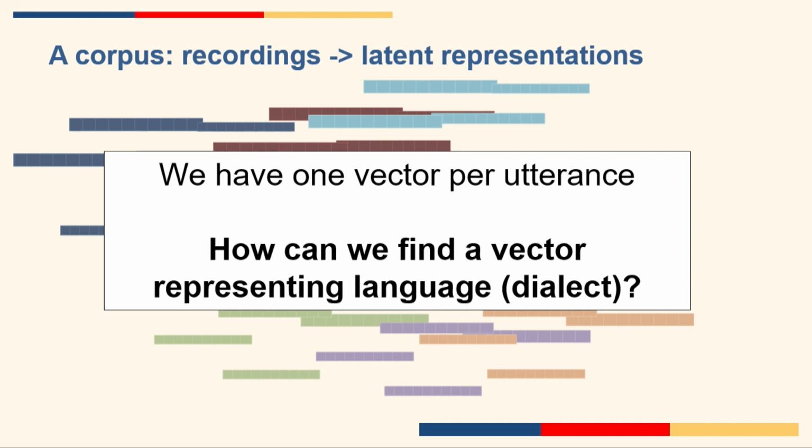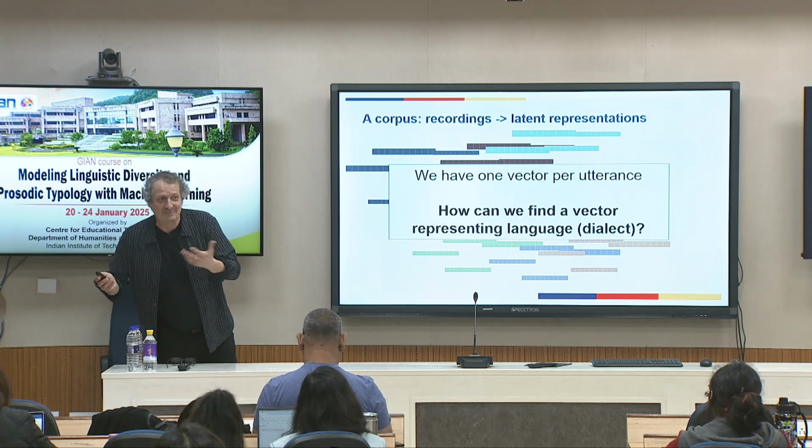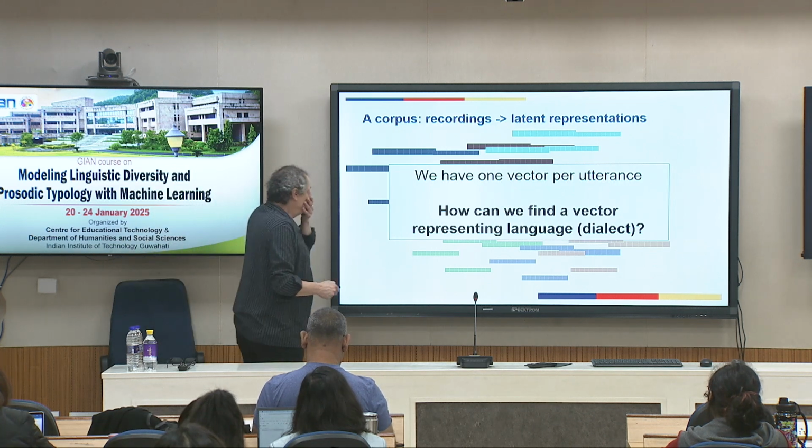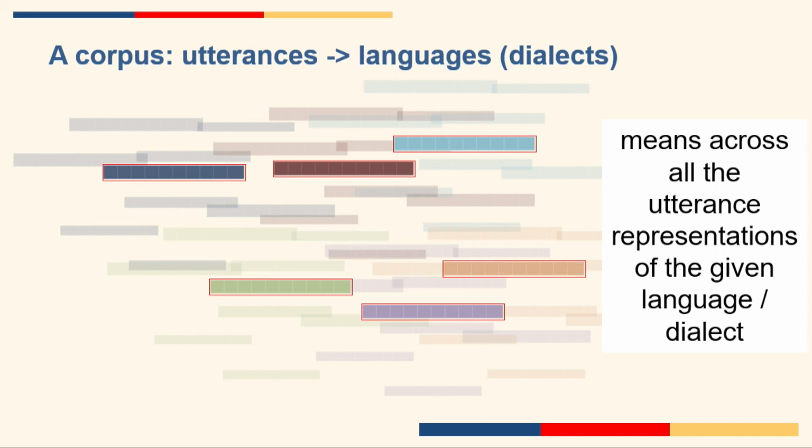We can go on. So now, when we show this database here, we have one vector per utterance. But we want one vector per dialect or per language or whatever unit of linguistic diversity we pick. The simple idea is, just take the mean of them, right?